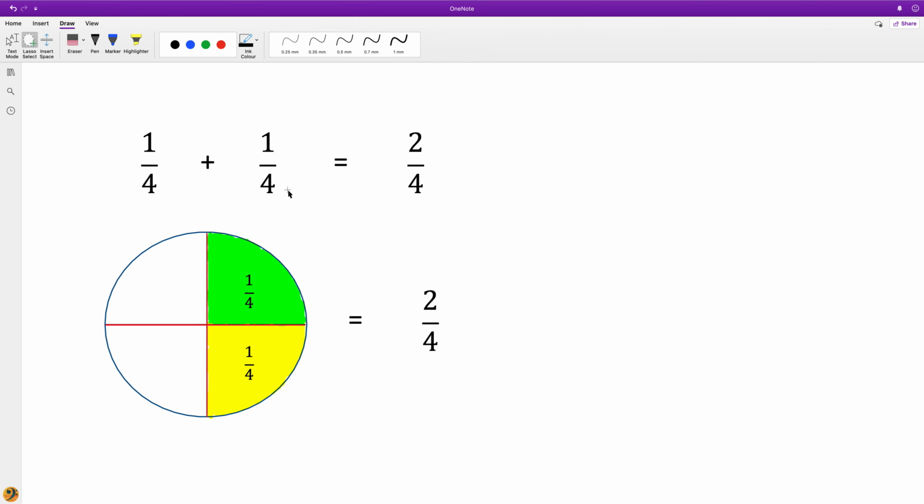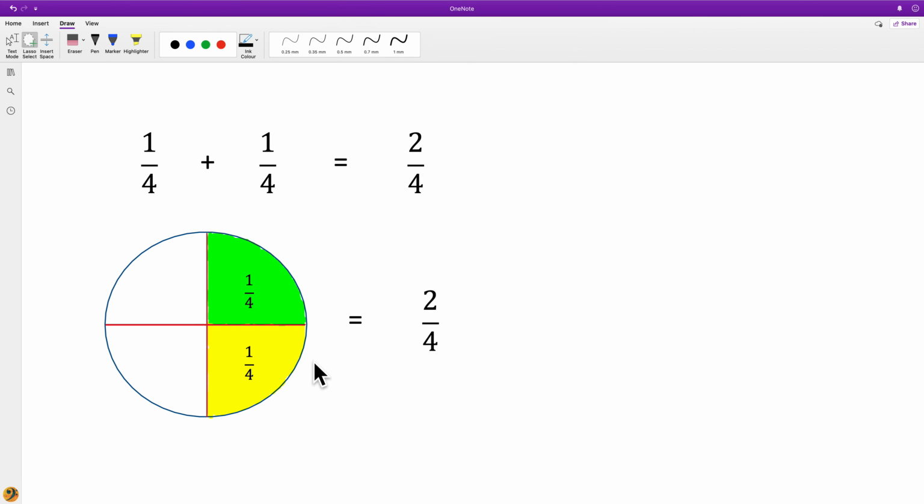They're common, the same denominators. So in this occasion, it's adding, so we just add the numerators together. It's simply 1 plus 1 is 2, and the common denominator just stays the same across here.